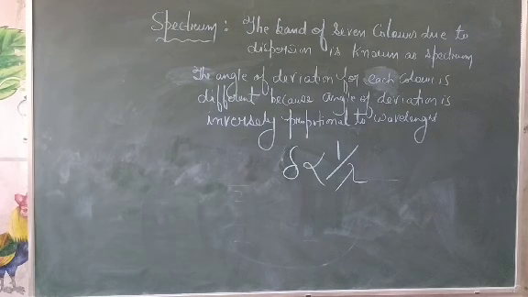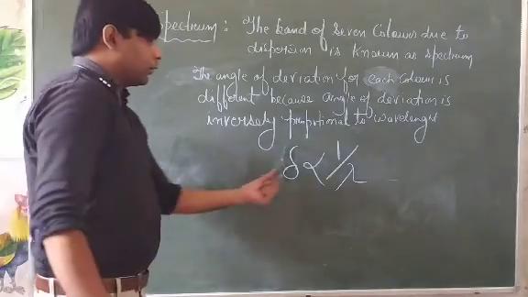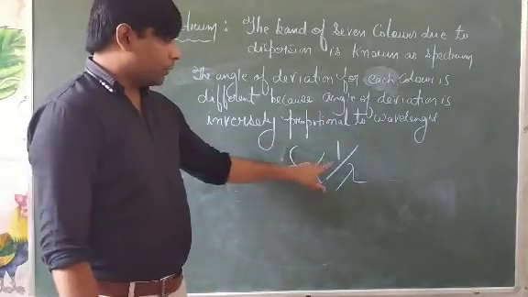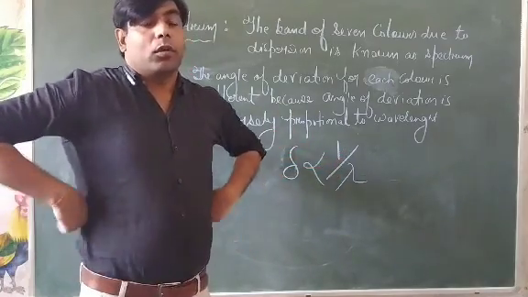In higher classes you will see that light is a wave. So each color will have its own wavelength, and we know the angle of deviation is inversely proportional to wavelength.